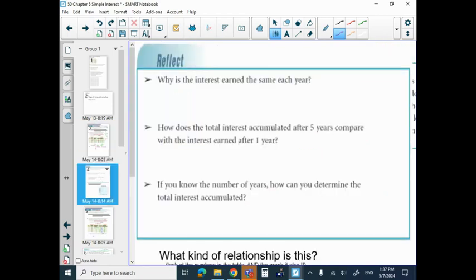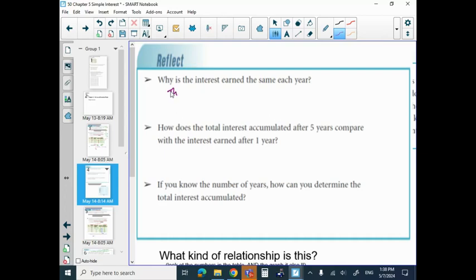They're the same. So just to review a little bit of the stuff we've done, why is the interest the same each year? Well, that's because there's always the same amount of money. So interest is the same each year since the amount of money invested is the same, right?